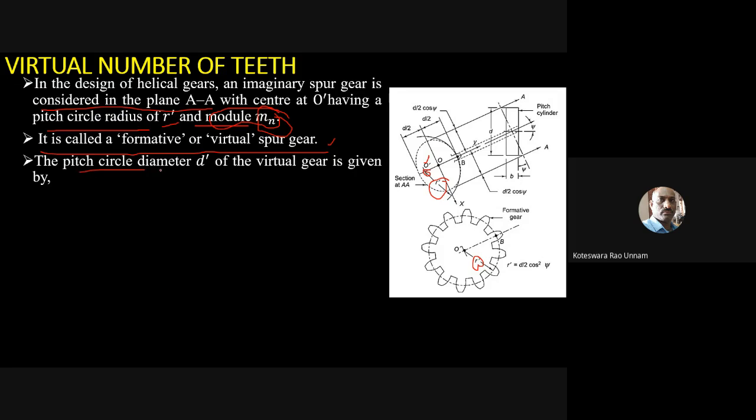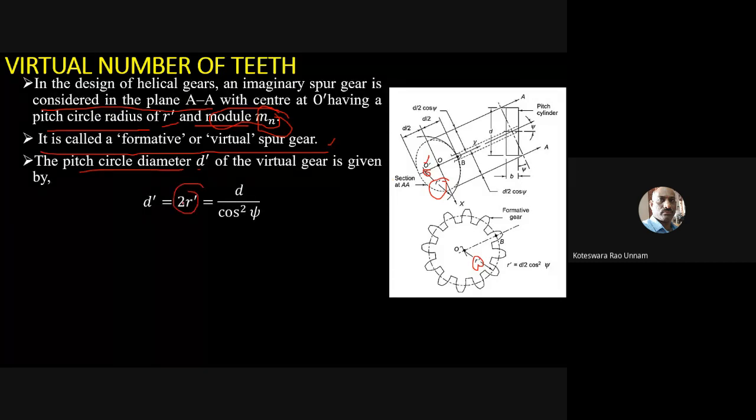The pitch circle diameter d dash of this virtual gear is given by 2 r dash, which is nothing but d divided by cos square psi. So if I know the pitch circle diameter, I know the relation between number of teeth and pitch circle diameter.